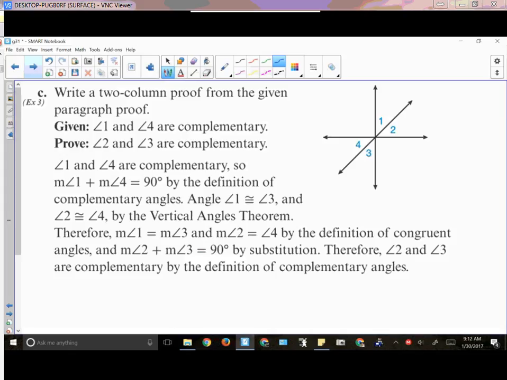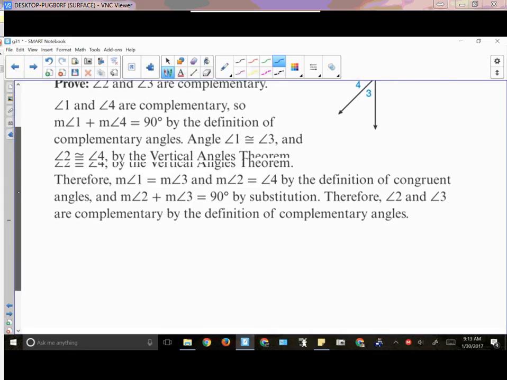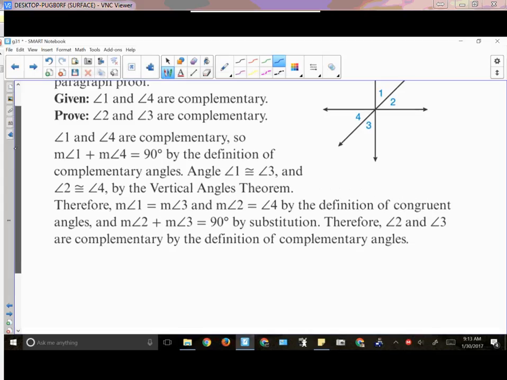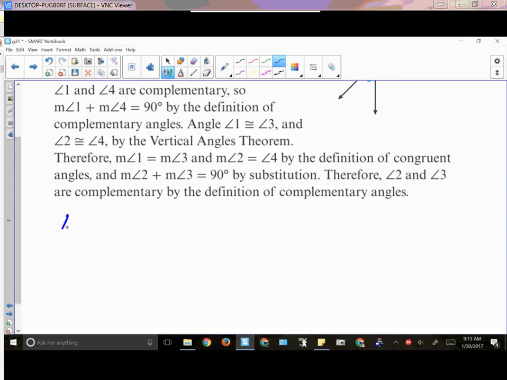So I've got to get a two-column proof from this. Now, the nice thing is, because these are all in sentences, we can pretty much pull out the information we need from what we've got. So it says 1 and 4 are complementary. That was a given. So we have angle 1, angle 4, complementary, and that would be given.